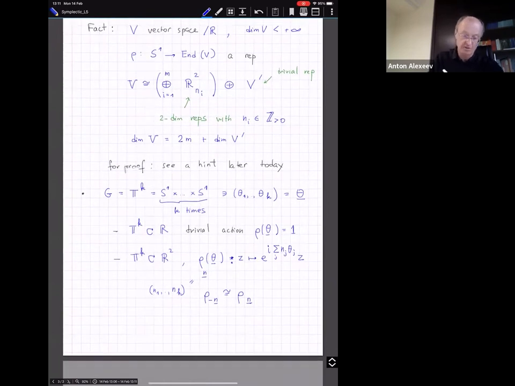And again, for any representation V, we have a decomposition as we had before, plus the trivial component.